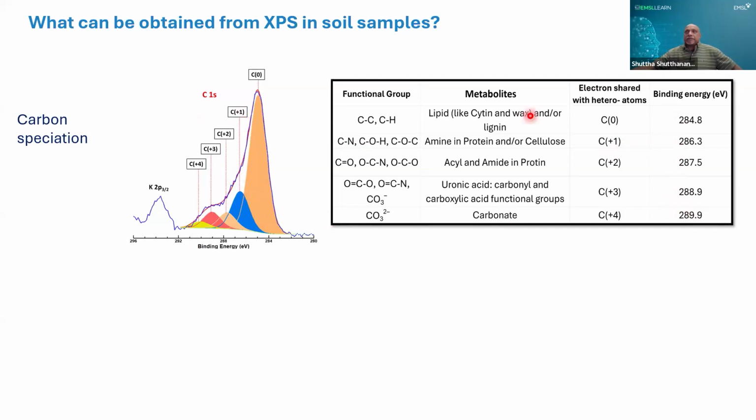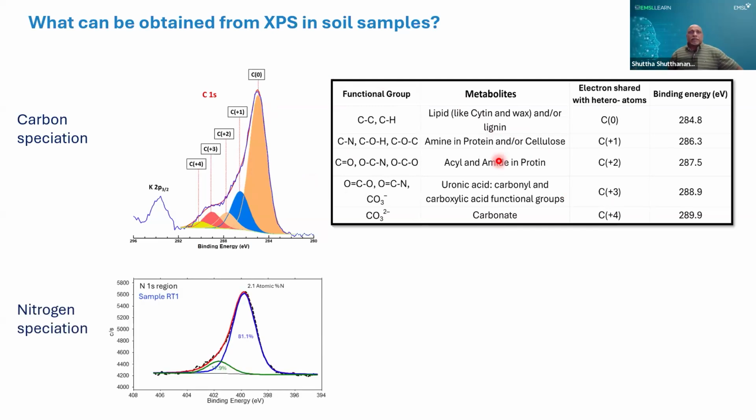These binding energies correspond to these functional groups, and these functional groups are actually connected to these metabolites. So if you have a carbon-carbon-hydrogen bond, that belongs to lipid and lignin and things like that. So this corresponds to the different oxidation states of carbon. By doing this kind of deconvolution of the main peak, we can get more information about what kind of carbon speciation is happening on the soil sample surfaces.